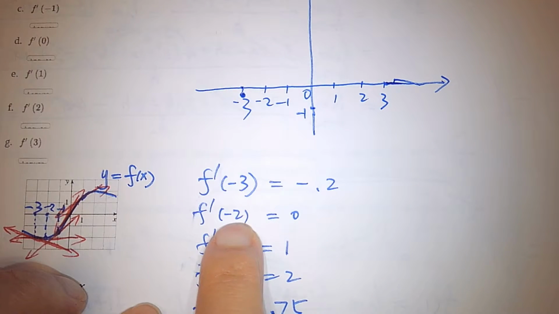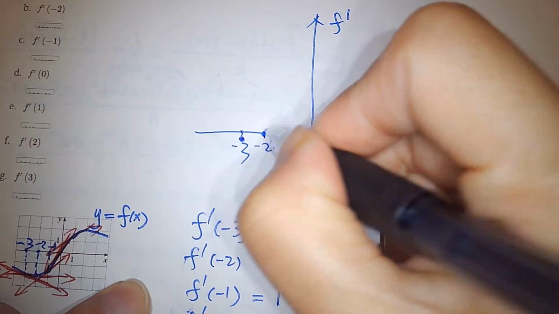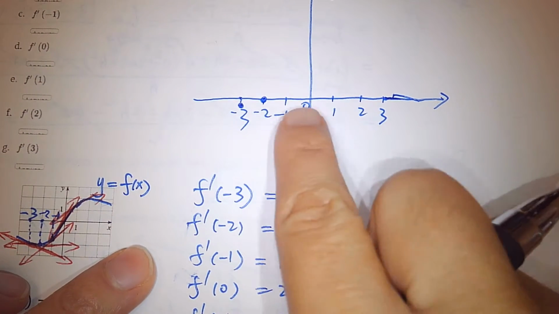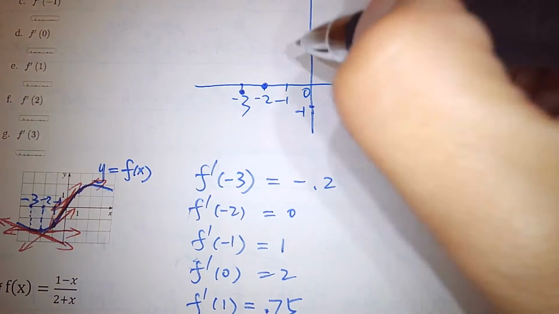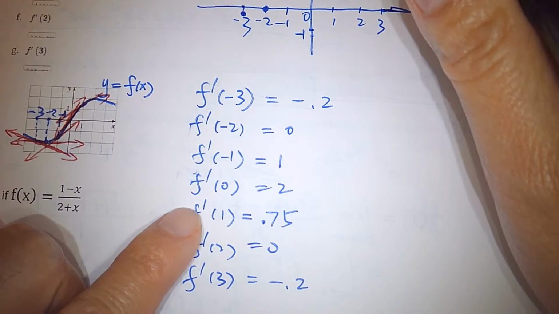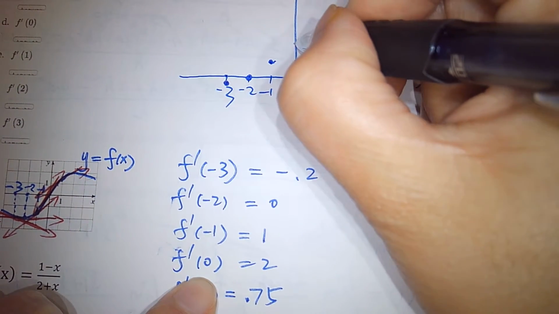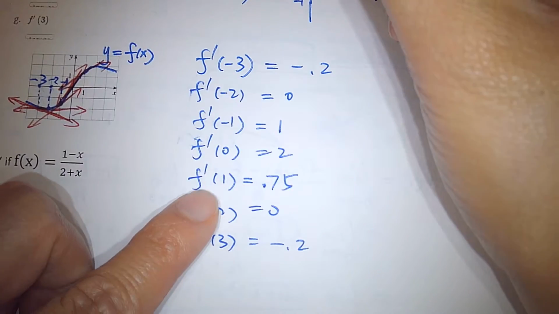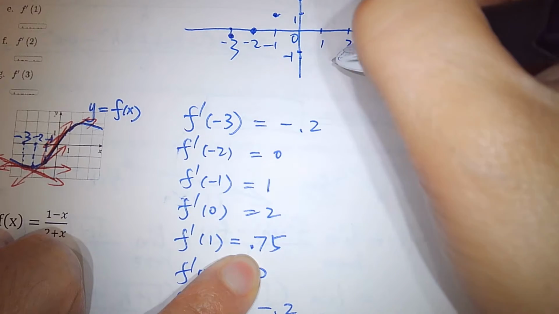When x equals negative 2, f prime equals 0, a key point, do you see that? When x equals negative 1, f prime equals 1, a point here. When x equals 0, f prime equals about 2. Then x equals 1, f prime equals 1.